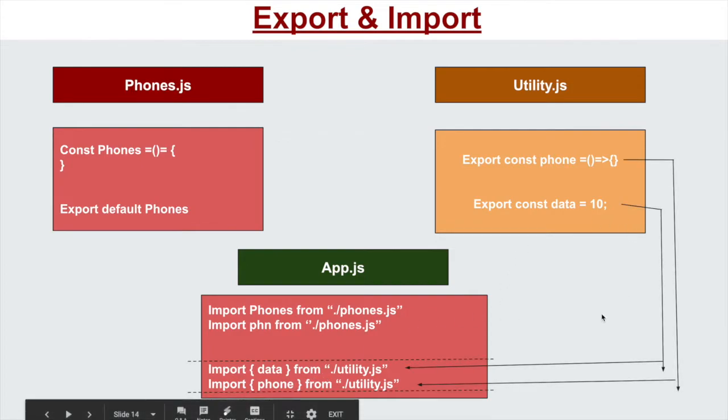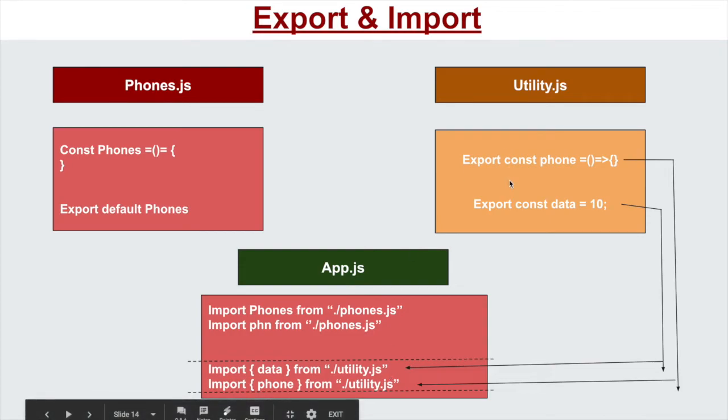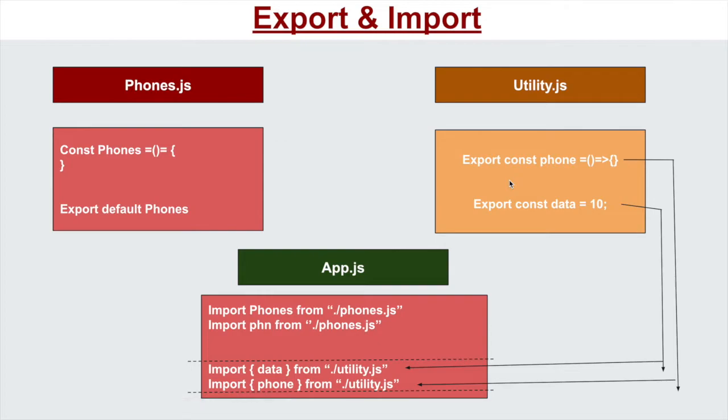So data comes like here, and for the second component, phone, you have to specify the name of the component, and in the curly braces get just that specific part of the utility.js file. I want this phone component, not another one.